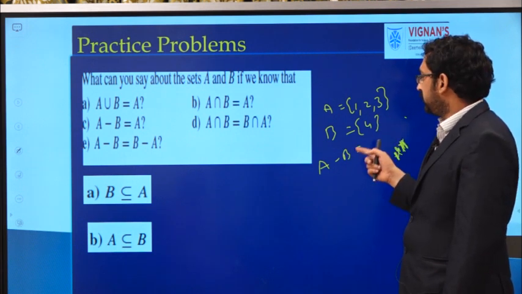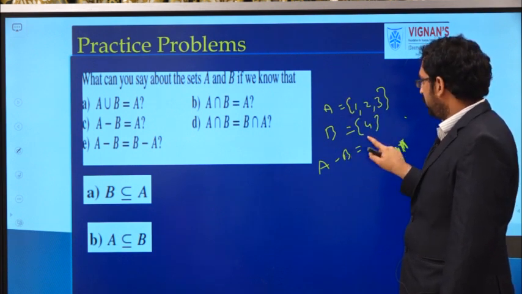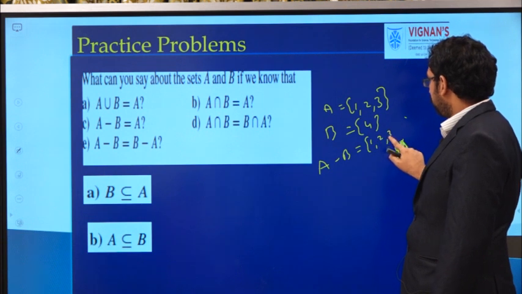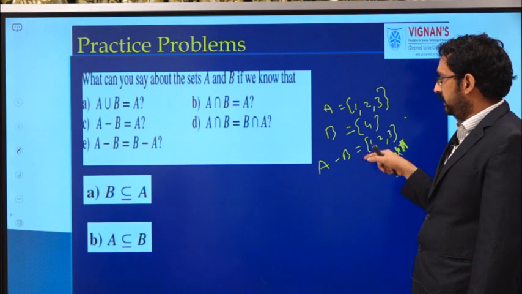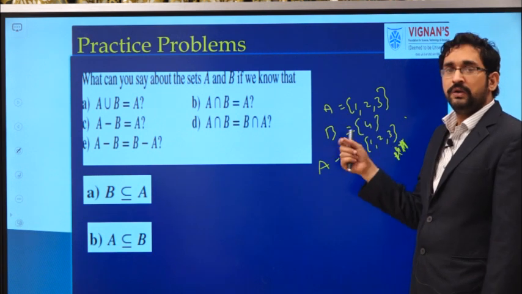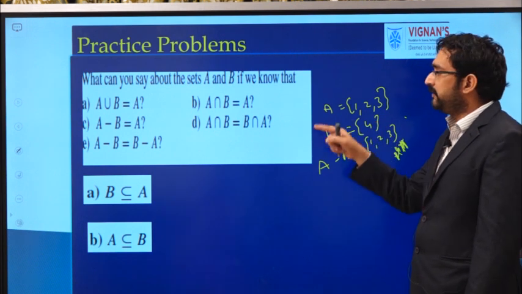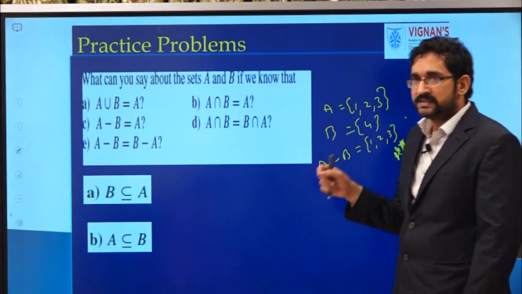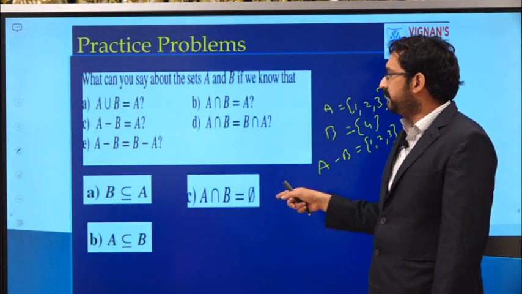A minus B means the set of all elements which are in A but not in B. So here A minus B will be 1, 2, 3. So here we got A only. If you observe, A and B have no common element. So from this example we can understand that if A minus B equals A, it means that they are disjoint. So A intersection B equals empty.